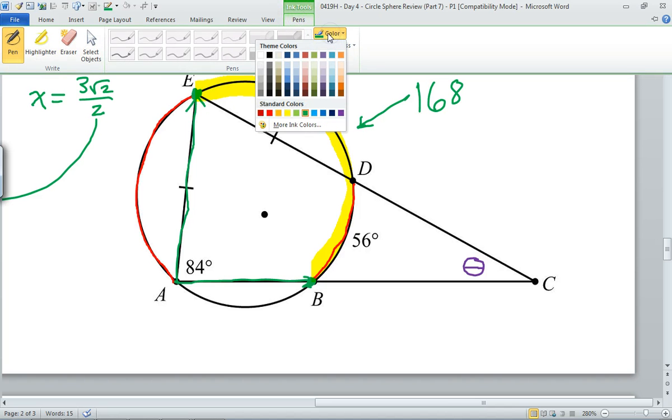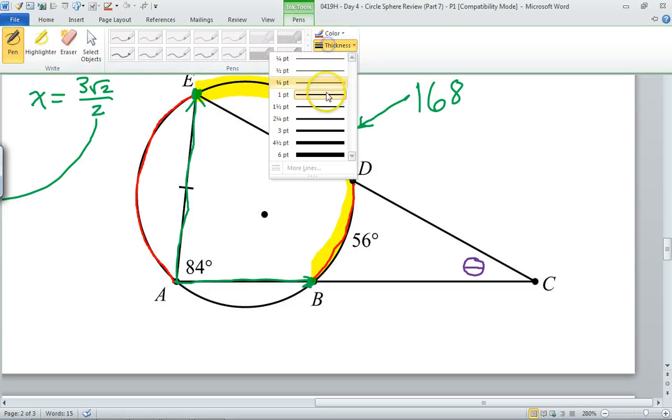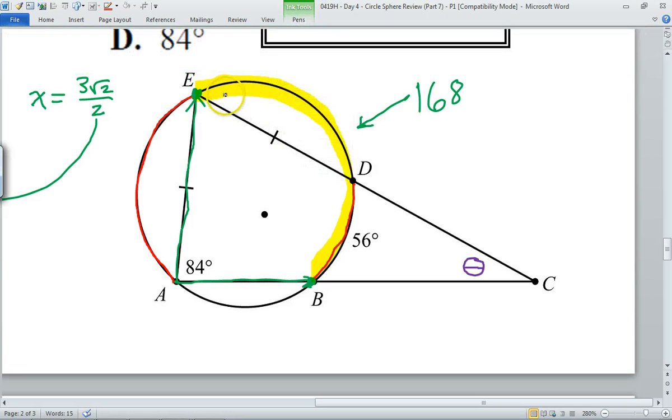Okay, I need to know this. So talk to me about this arc that goes like this. I heard subtract, I heard 112.